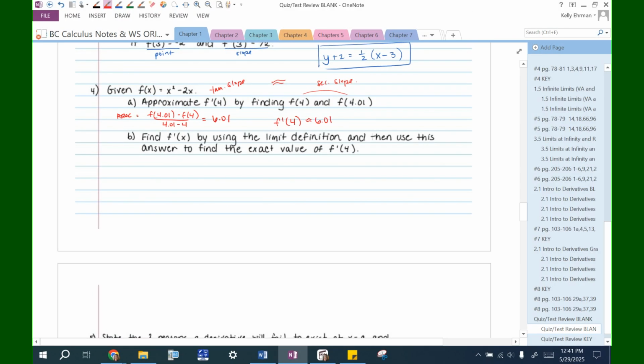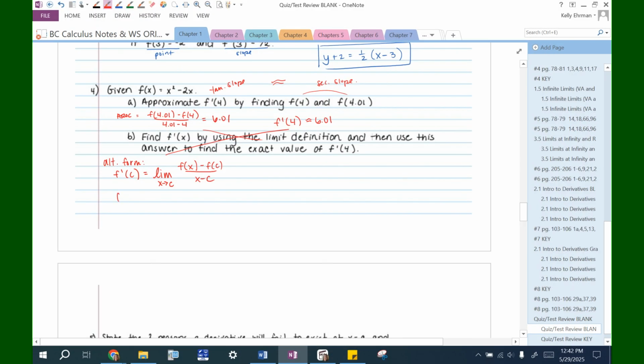Maybe it's exactly 6. Find f prime using the limit definition and then use this answer to find the exact value of f prime of 4. I don't want to do it that way. Instead, I want to use the alternate form, which says when you're trying to find f prime of c, like you're trying to plug a number into the equation, not just find the equation itself, you can use the limit as x approaches c of f of x minus f of c over x minus c.